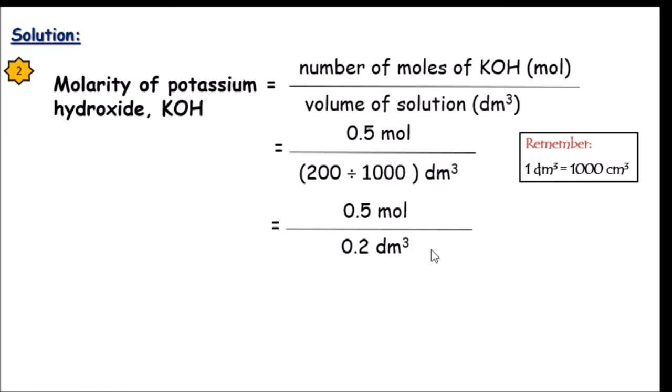So now, try to calculate. Can you get the correct answer? Okay, very good. The final answer is equal to 2.5 mole per dm³. Good job if you can get the same answer with me.